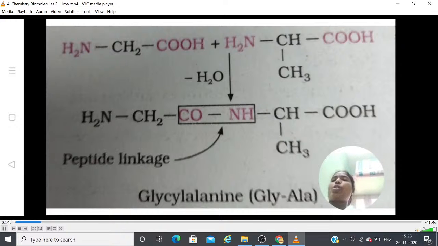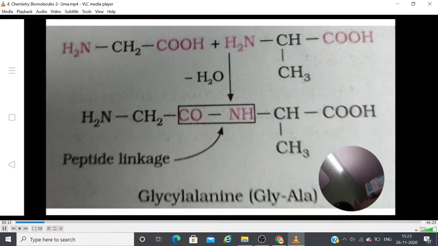One is NH2CH2COOH, that is one of the amino acids, and the second is also an amino acid. The first one is glycine and the second one is valine. These two amino acids combine by the loss of a water molecule to form a peptide linkage.